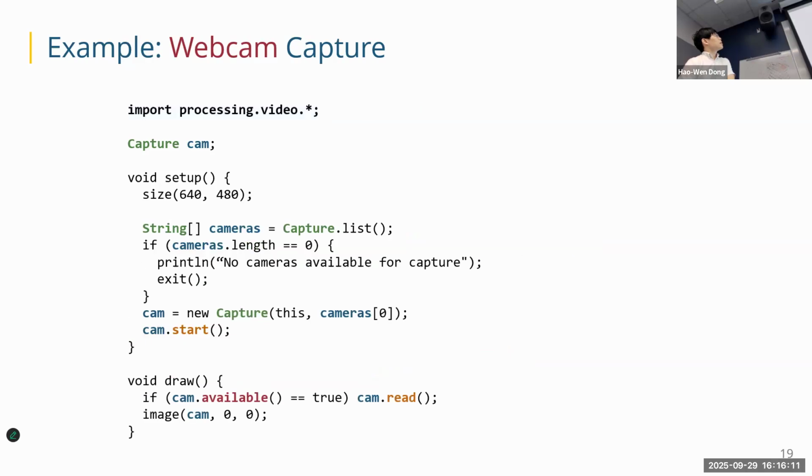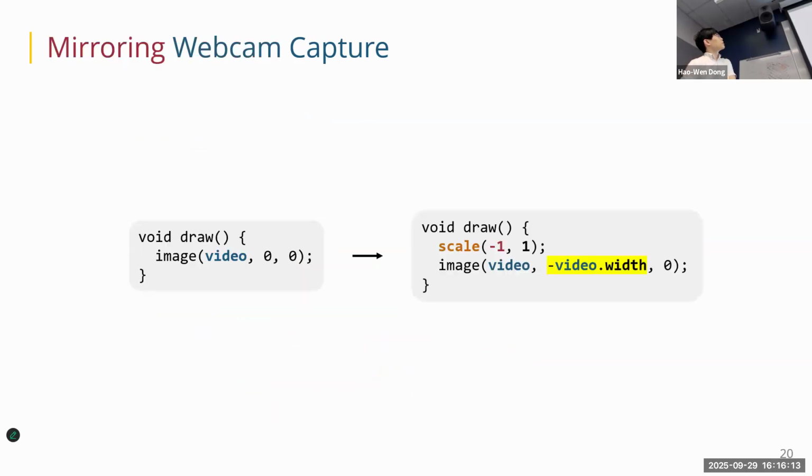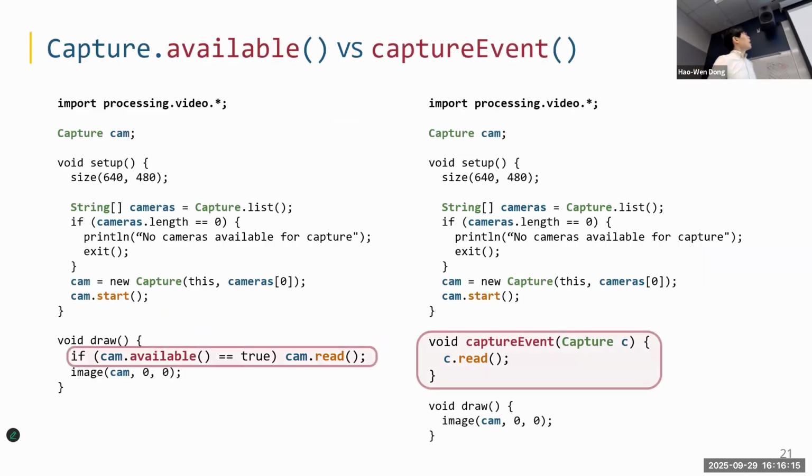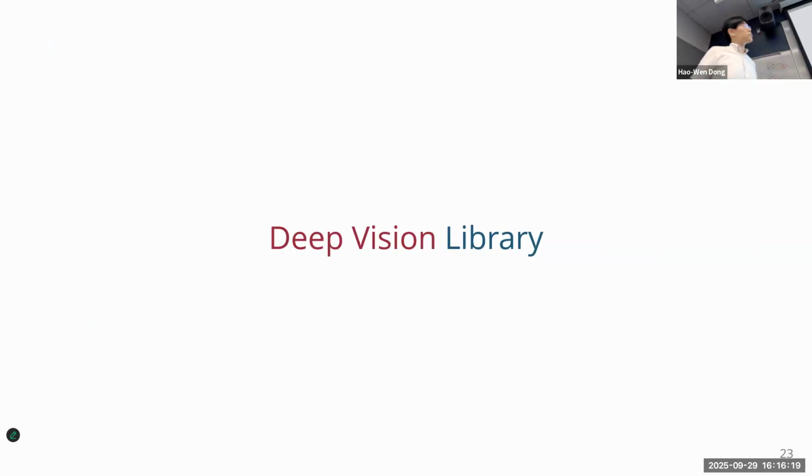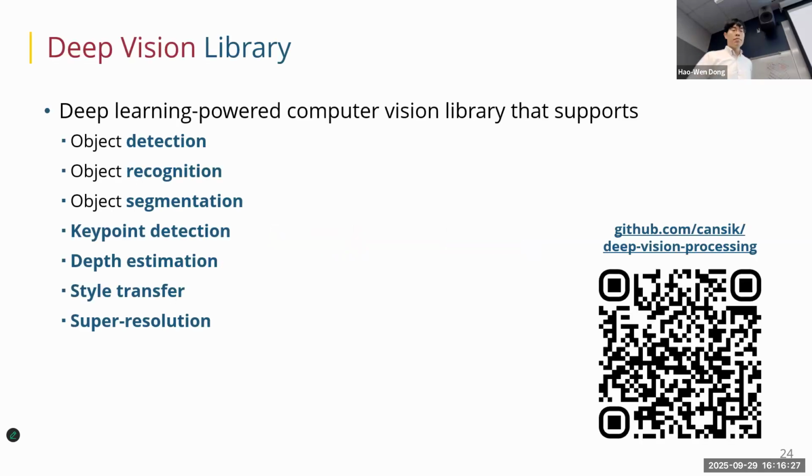So let's skip this. You can also do mirroring. One of the interesting things that we can show, but we likely need a webcam to show any of these, so we can just go over what we can do. This deep vision library is a deep learning powered computer vision library that supports a bunch of things: object detection, object recognition, object segmentation, key point detection, depth estimation, style transfer, and super resolution.